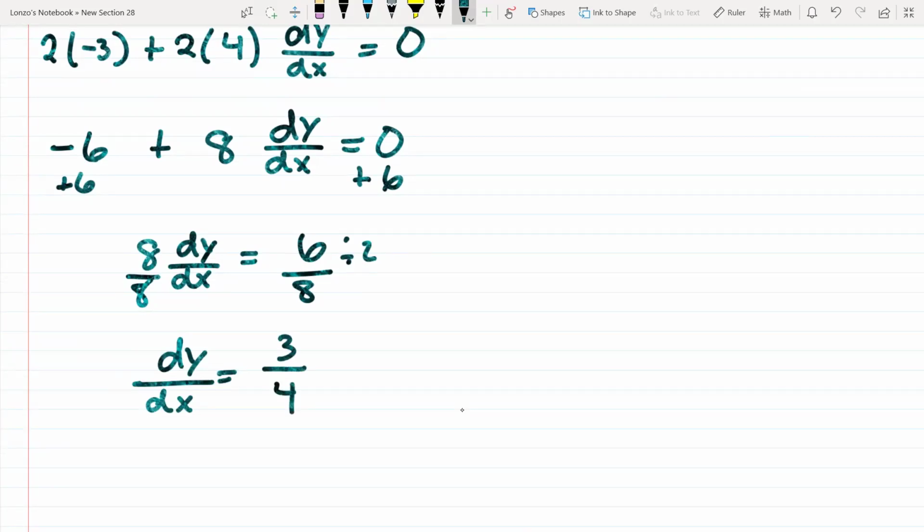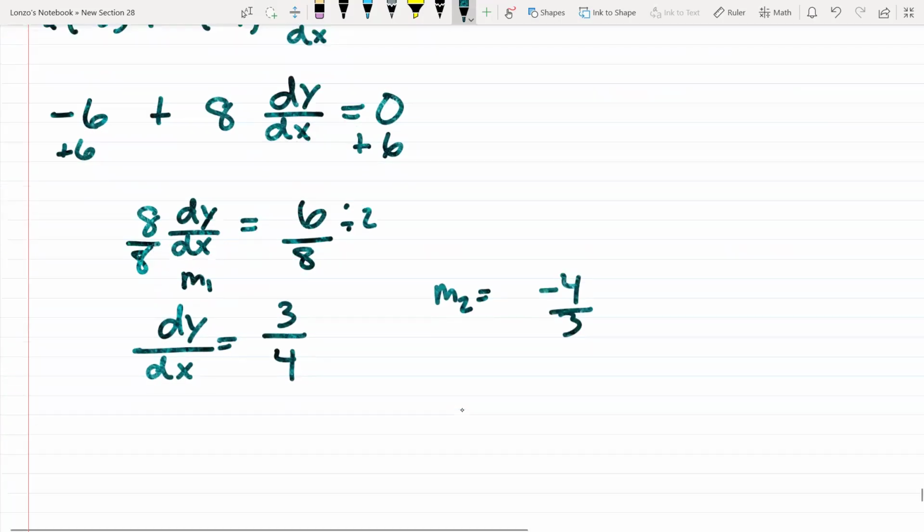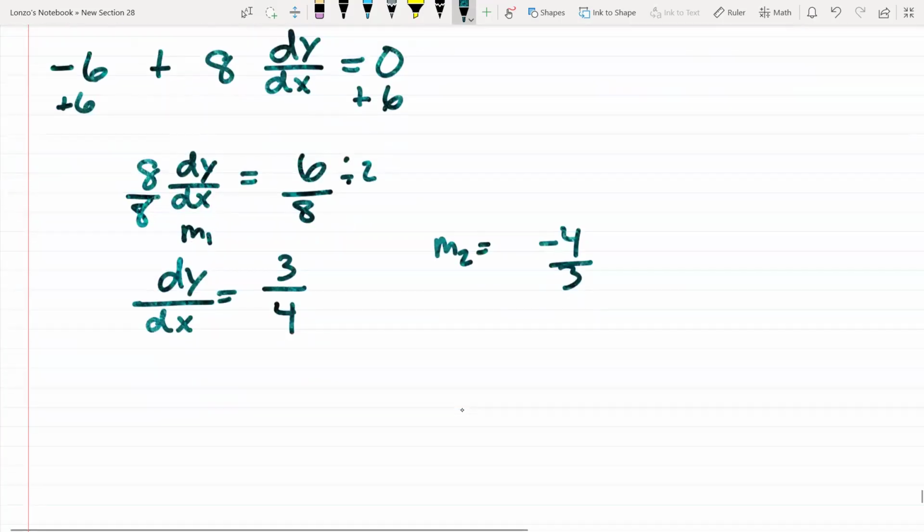Okay, so this is my m1. What should m2 be? Because we want the normal. The negative reciprocal of m1, so that would be -4/3, right? Okay, so now let's find the equation for the tangent line. So it's going to be y minus y1. Wait, my coordinate was -3, 4, so my y1 is 4.